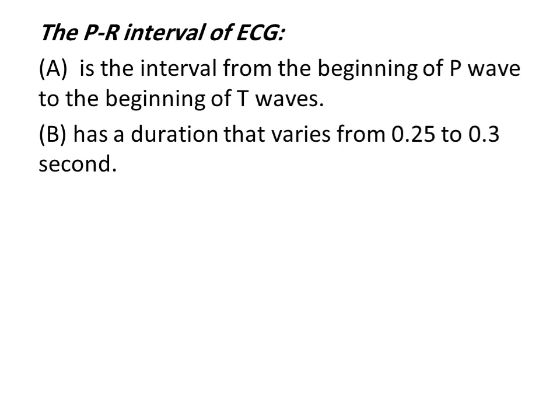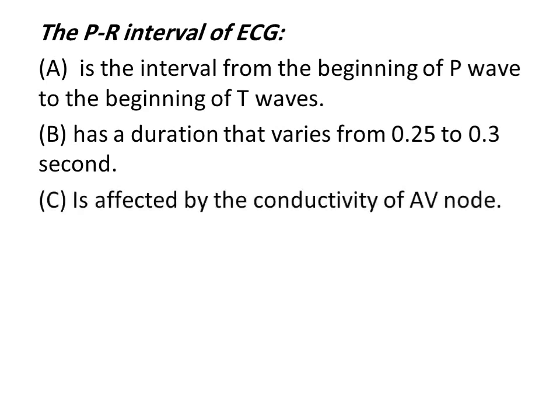The right answer is from 0.12 to 0.2 seconds. Is affected by the conductivity of the AV node. The PR interval mainly affected by the conductivity of the AV node.